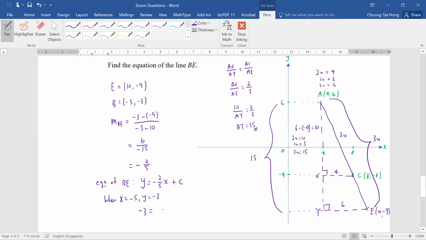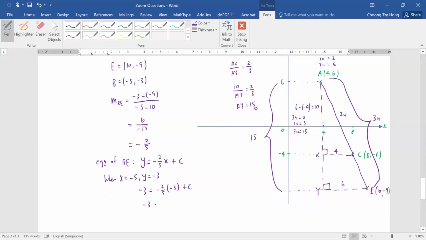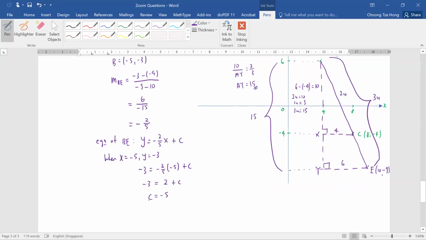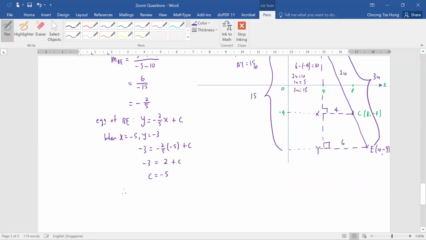So -3 equals -2 over 5 times -5 plus c. This will give us 2 plus c, so c is going to be -5. So now we know the answer already. Therefore, the equation of BE will be y equals -2 over 5x minus 5.